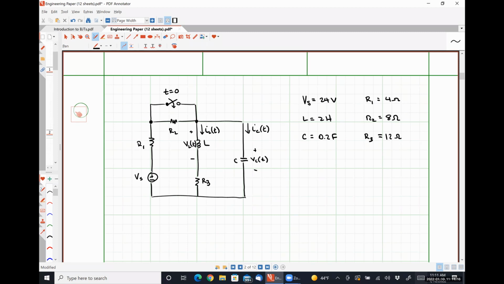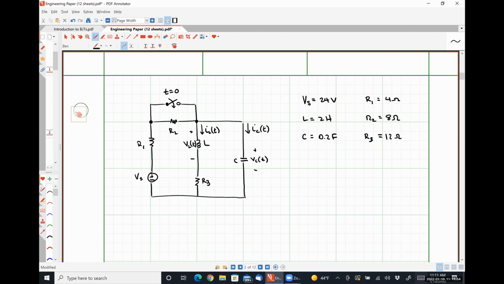Right. So if we ignored what I have my hands over here, this looks very much like a series RLC circuit, because we have an inductor L in series with resistor R3 in series with that capacitor C. But with the inclusion of this other stuff, during the transient condition for the dead network, we have this resistor R1 that is going to be in parallel with the combination of L in series with R3, which means it cannot be combined into any of the other resistors.